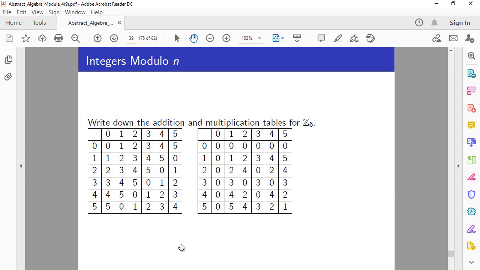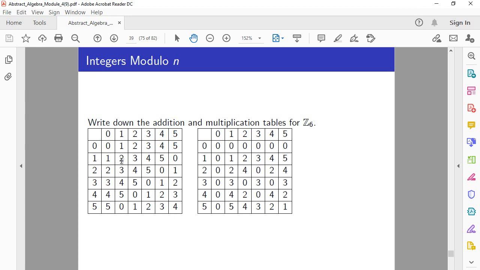Now, by looking at the table, we can recognize a couple of things. Notice that in the first table, the numbers in any row or any column are distinct. If you look at this row here, all the numbers are distinct. If you look at the first column here, all the numbers are distinct. The second thing to note is that every row has a 0.